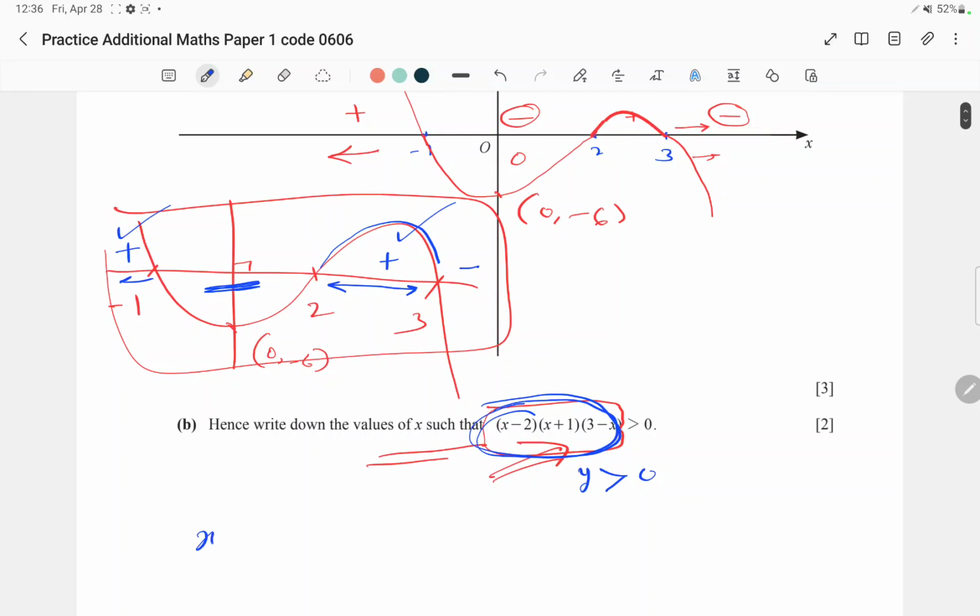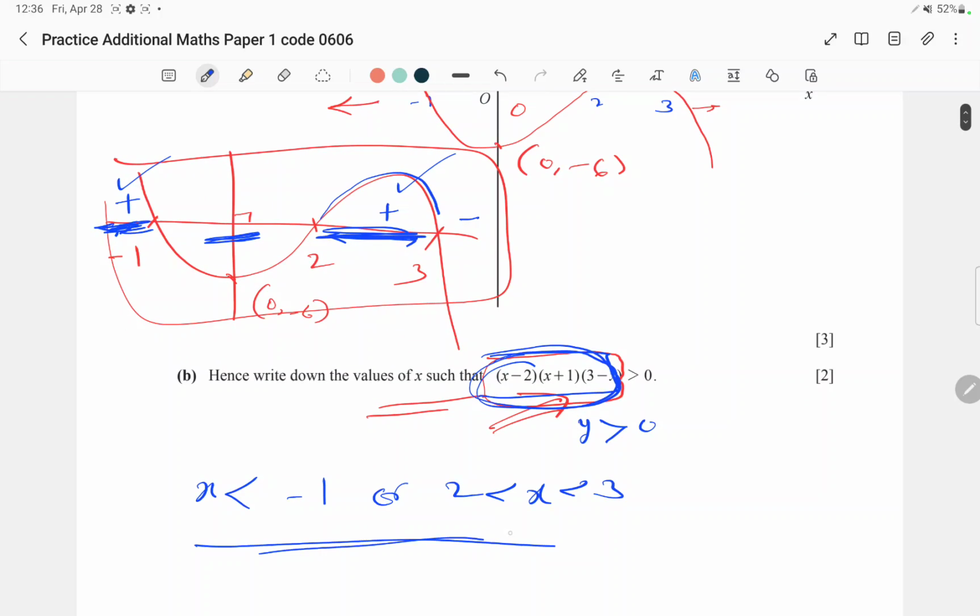It means x is either less than -1 or x lies between 2 and 3. You can check: either x is smaller than -1 or between 2 and 3, then this expression, x minus 2 times x plus 1 times 3 minus x, is positive, right? So I hope you understood this. So x less than -1 or x between 2 and 3.